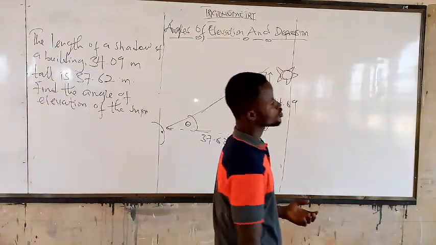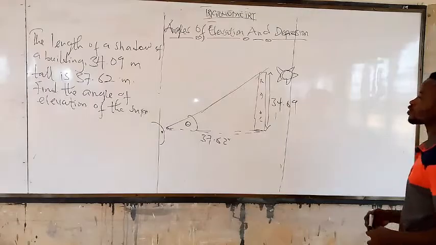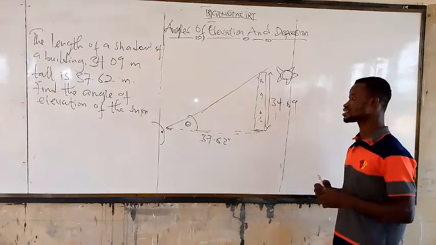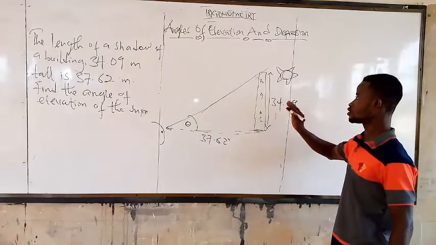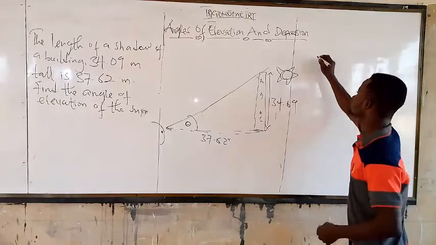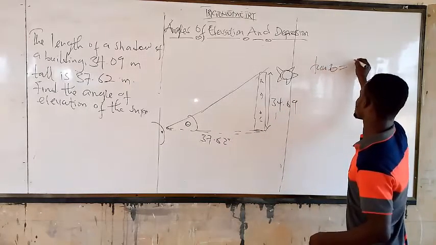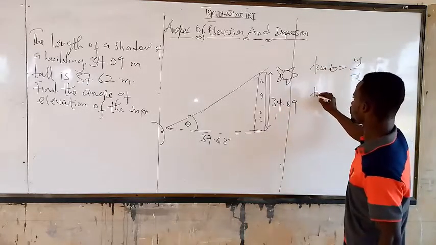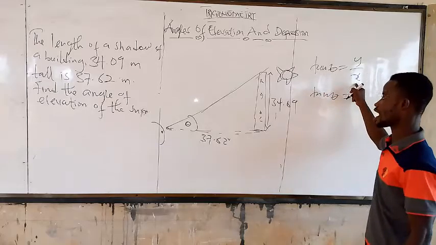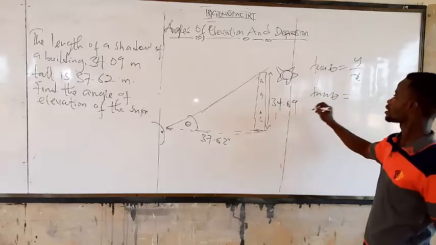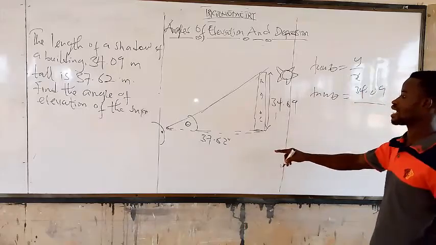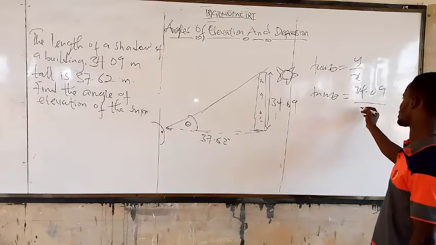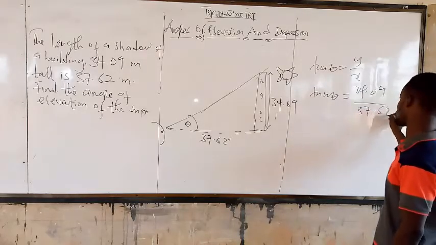So we have to find the angle of elevation of the sun. This is just straightforward. You don't know the hypotenuse, but you know the opposite and the other side. So you go down by tan theta, which is y over x. So tan theta will be equal to 34.09 over 37.62.